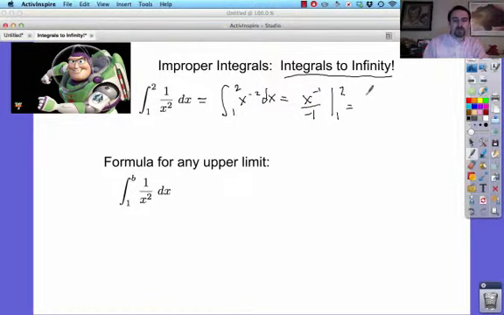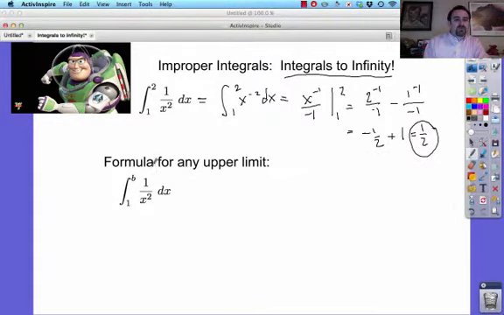And so we get 2 to the negative 1 over negative 1 minus 1 to the negative 1 over negative 1, which is equal to negative 1/2 plus 1, so a half. Okay, pretty straightforward, right?